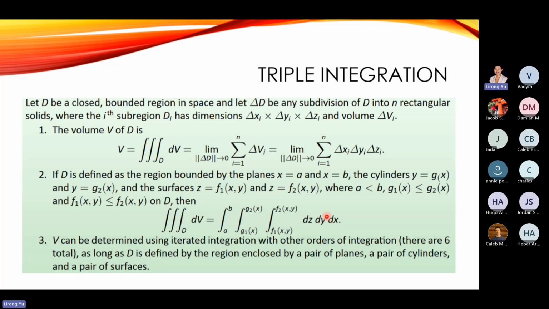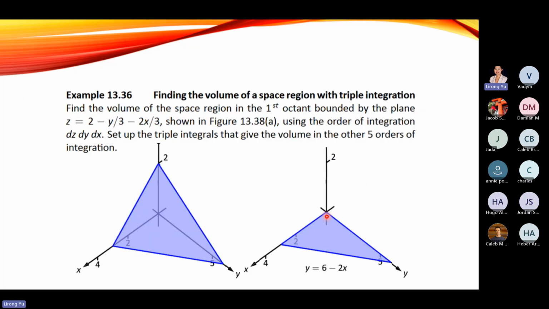And let's look at the example. Okay. This is an example of the volume calculation. And again, this one can be calculated with a double integral, but we extend it onto the triple integral. And also we want to practice identifying integration limits using this example. This is a pyramid right next to the axis planes.